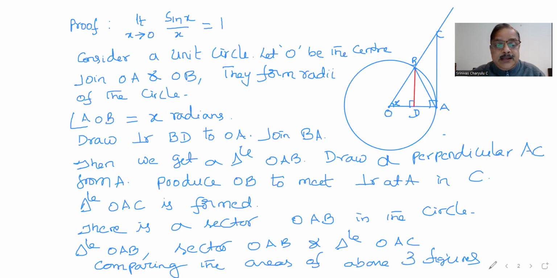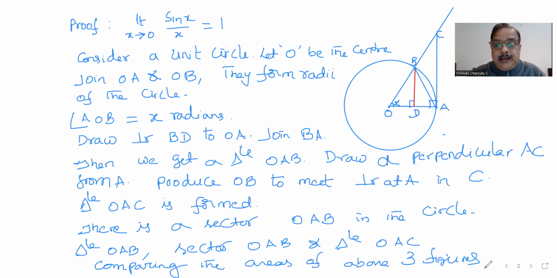So what we'll get now? I can write very clearly. What I can do now, by comparing, I can tell that triangle AOB is less compared to... Let me see what notation we have written in the previous page.